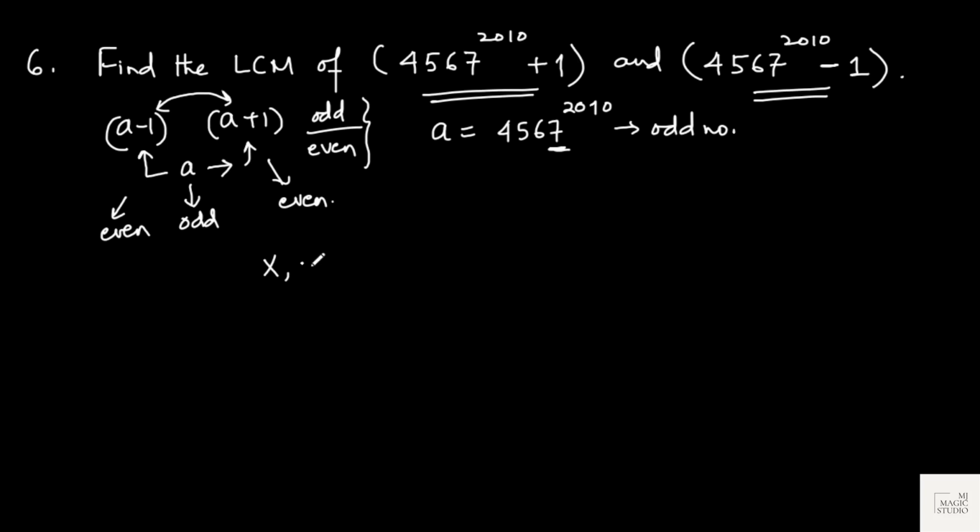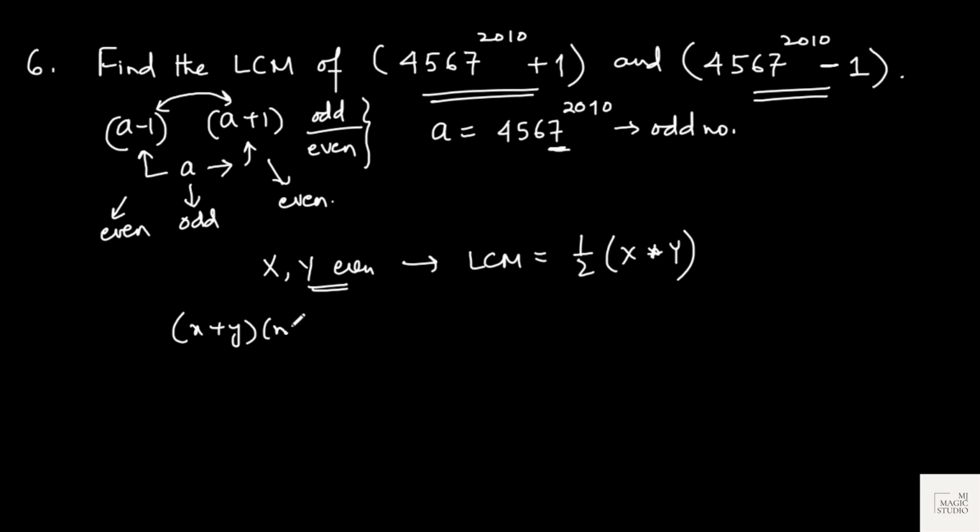So if x and y are two consecutive even numbers, in that case their LCM is simply half into the product of x and y, the property which we have discussed earlier. So LCM of the given two numbers, a is 4, 5, 6, 7 to the power 2, 0, 1, 0, plus 1 and minus 1. Now we can see that these are of the form x plus y into x minus y.